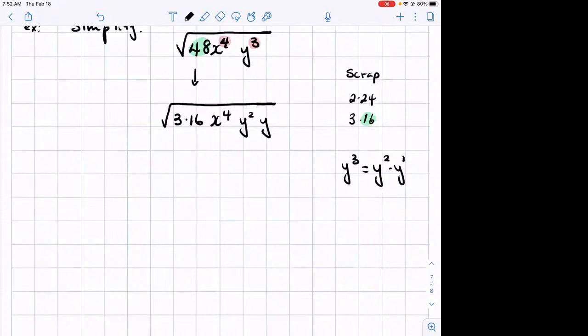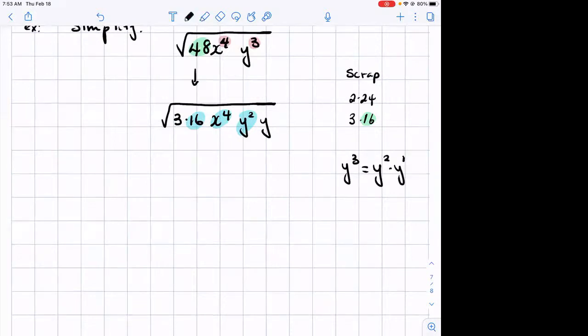Now, we can rewrite this because look at the things that you know the square root of. I do know the square root of 16, the square root of x to the 4th, and the square root of y squared. Those are the things that can come out of there.